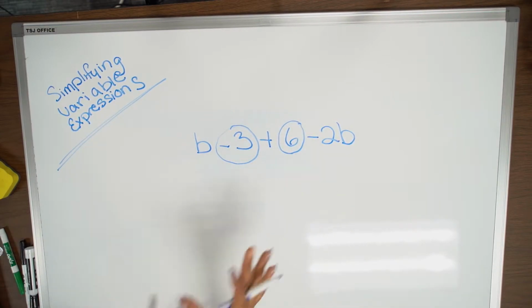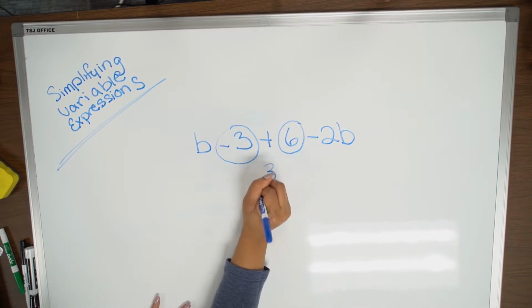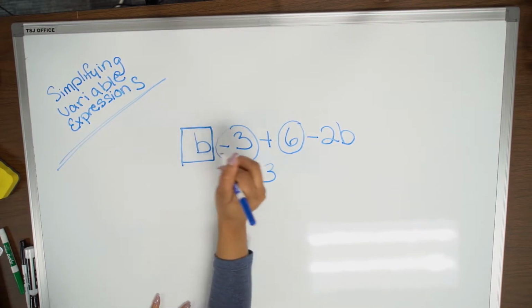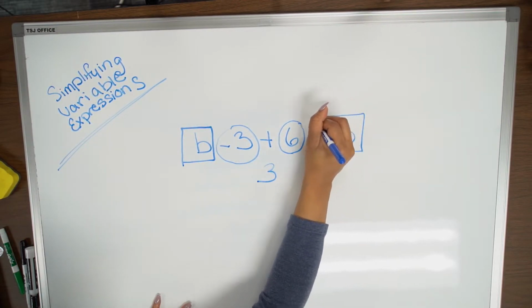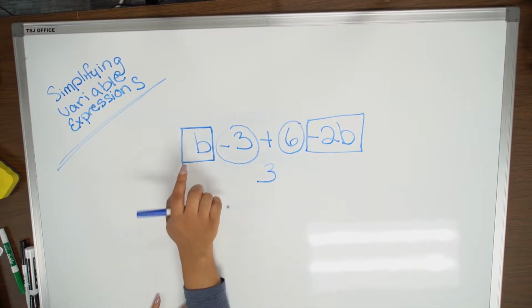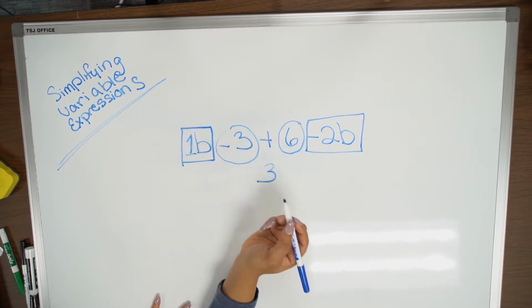Just like in the problem before that, it's just like saying 6 minus 3, so that equals 3. And then we have b and negative 2b. Now, when you see a variable by itself, that really means there's a 1 there. You just don't have to write it.